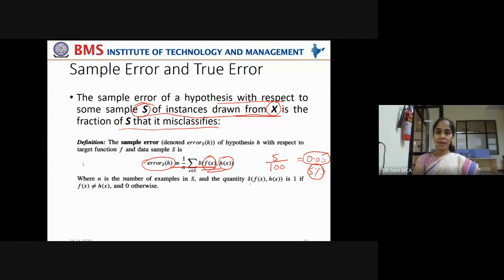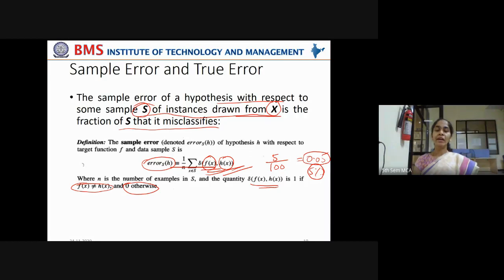Right? That is why we have given here delta f of x, h of x is 1 if the target label is not equal to the predicted label. If there is an error, there is no matching in the predictions, or 0 otherwise, means if there is matching in the predictions, then there is no error. Error is equal to 0. That is what we mean by this representation.